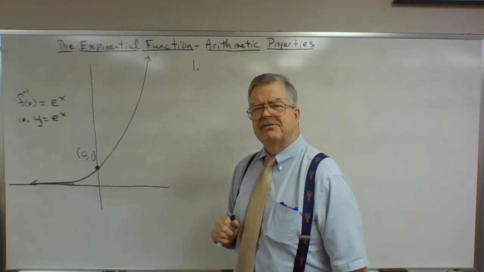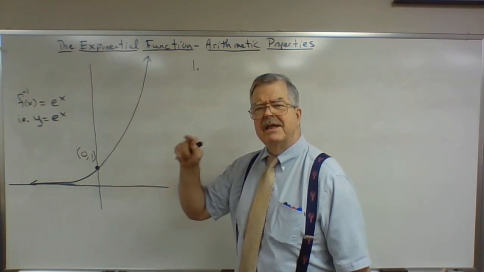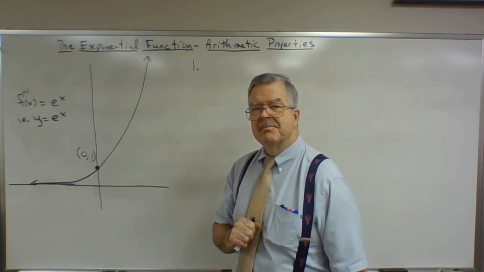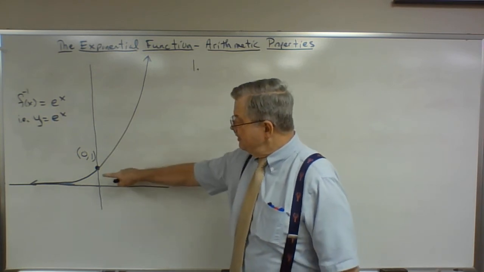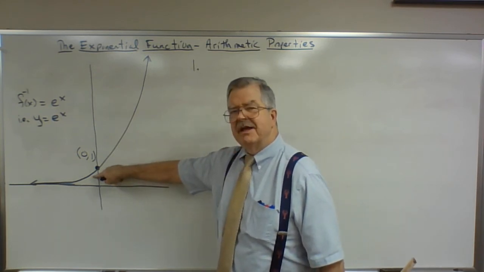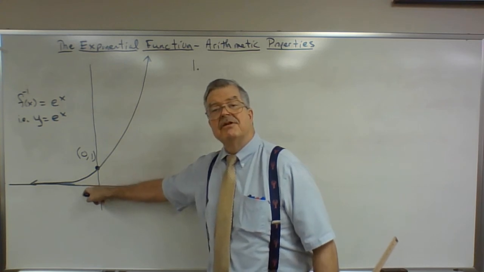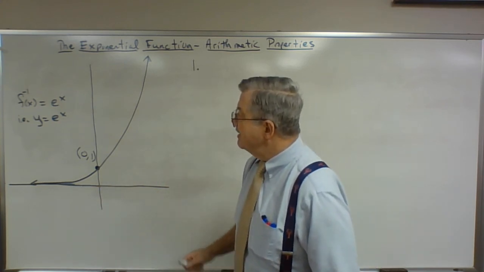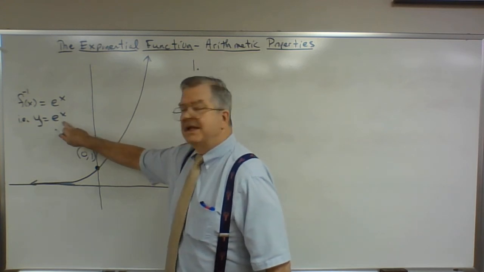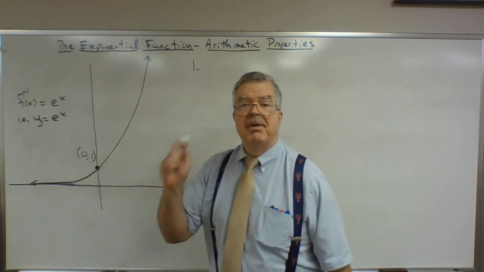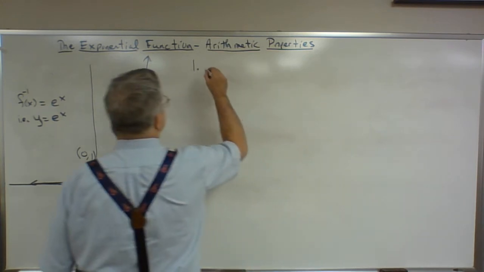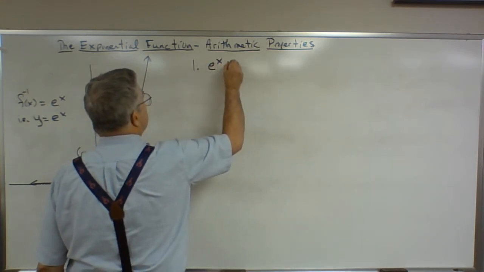Isn't the x-axis the graph of y equals 0? So if this graph never touches the x-axis and never dips below the x-axis, then that means that y, or e to the x, is positive for all values of x. Let's make that our first arithmetic property.